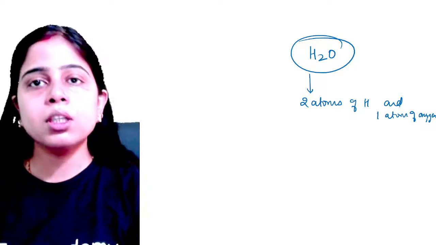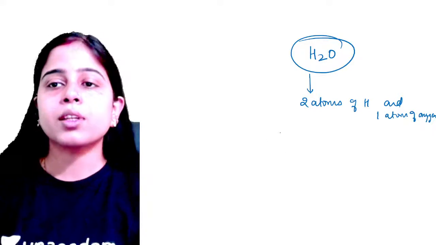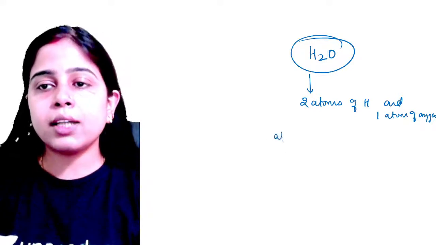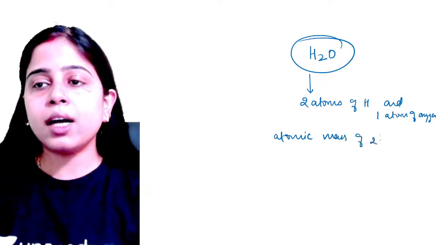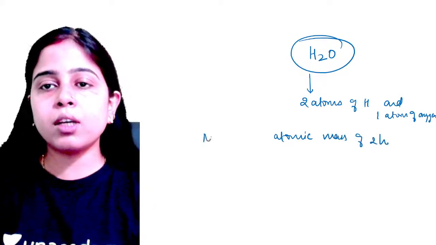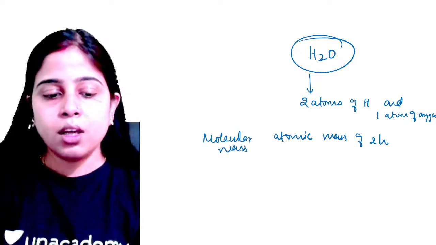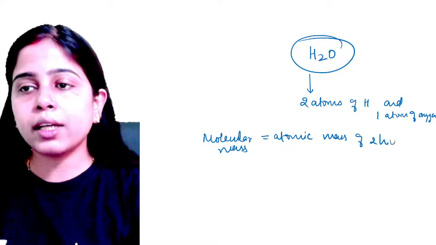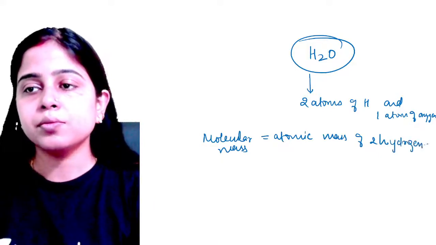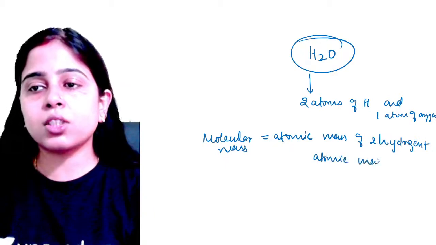Add them both, you will get the molecular mass of this molecule of water. Okay, so let's find out the atomic mass. If you want to take out the molecular mass of this water molecule, how will we do that? It is equal to the atomic mass of two hydrogen atoms plus the atomic mass of one oxygen atom.